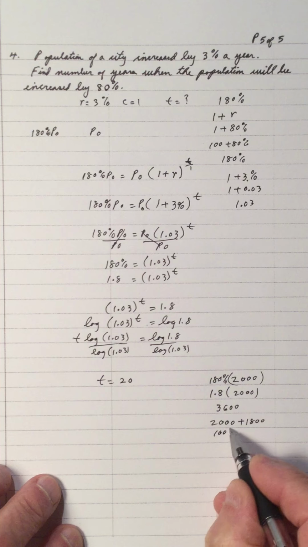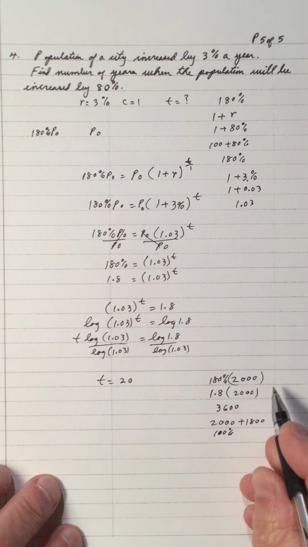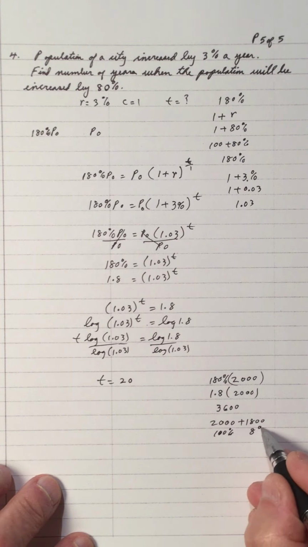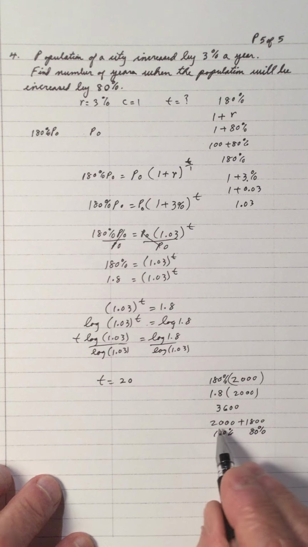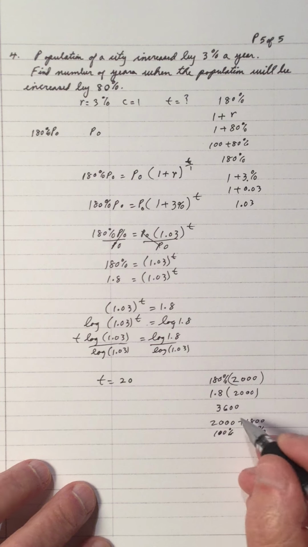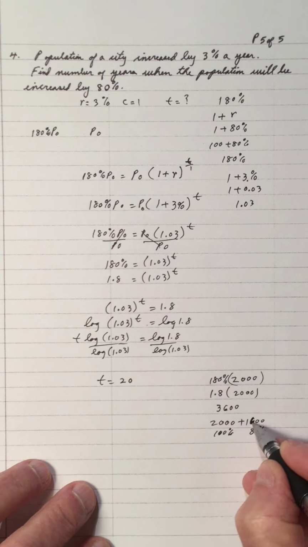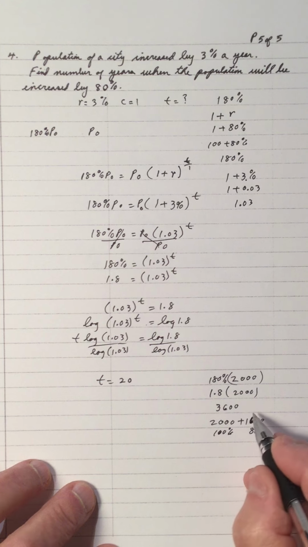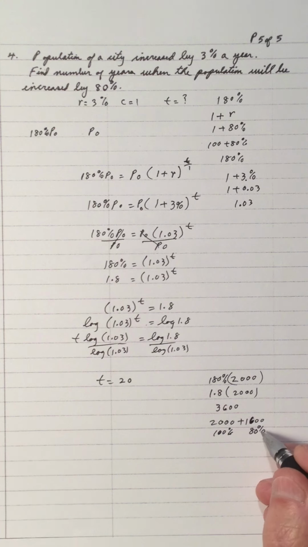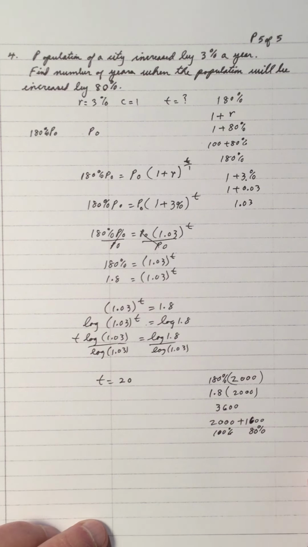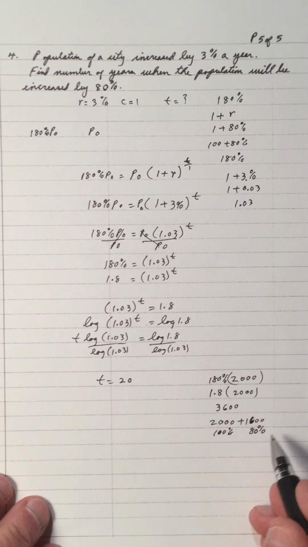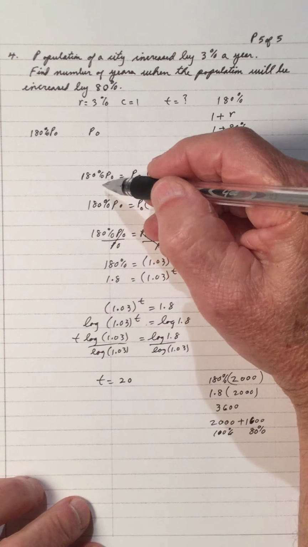So there's the 100%, and this is 80%, because 80% of 2,000 is 1,600. And 100% gives you the 3,600. So I'm just giving a little explanation here, making sure you understand why I put the 180 here.